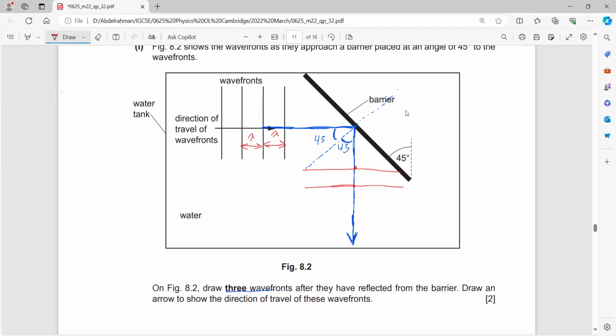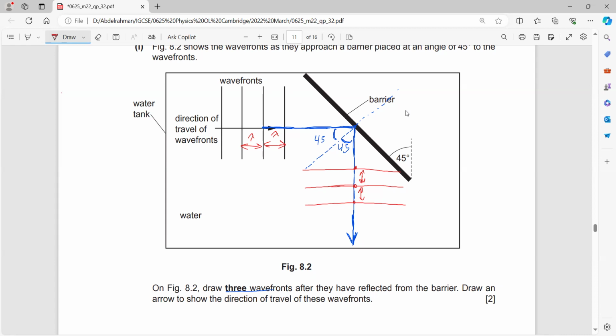In this manner, you have to make sure that these waves are the same distance apart. How long are they? It doesn't matter. They could be short, they could be long. What matters is the distance between them, and that they are perpendicular to this blue line, which is the direction of the waves, now downwards.